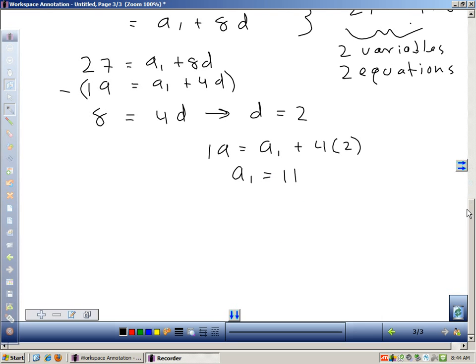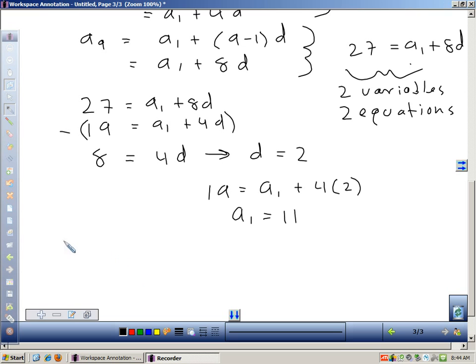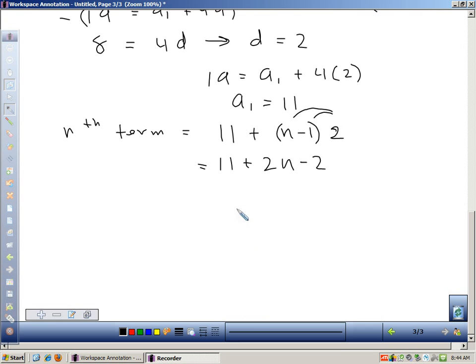So now I can write my nth term, finally. nth term equals a1, 11, plus n minus 1 times d. I'm just going to simplify this by distributing. That equals 11 plus, and d is 2, 2n minus 2. And finally, a sub n equals 9 plus 2n.